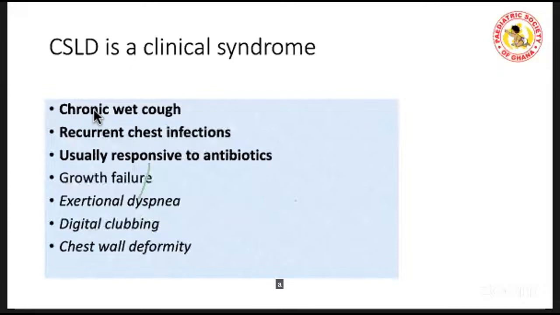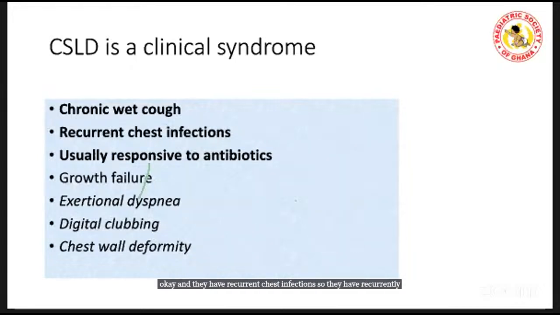So this child, or if it's an older child, they'll have chronic cough and they'll produce a lot of spitting, purulent spitting, green, yellowish, or sometimes brown, depending on whatever is going on down in the lungs. So the main feature is a chronic wet cough, okay? And they have recurrent chest infections. So you can usually get a description like the child has ongoing daily cough, everyday coughing.